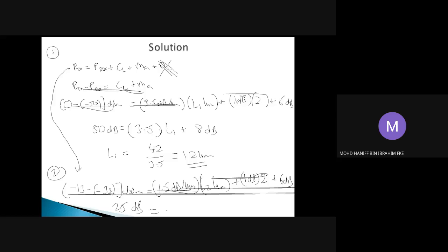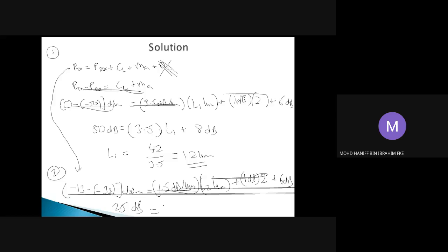And for this, we're going to have 1.5 of L2 plus 8 dB. So L2 shall be equal to 25 minus 8, which will be 17, divided by 1.5. Sorry, I need to repeat that.